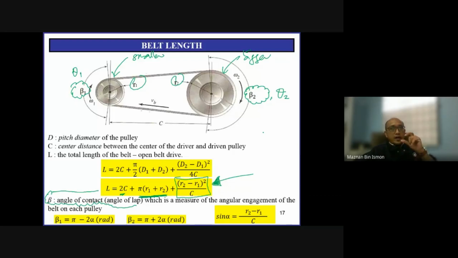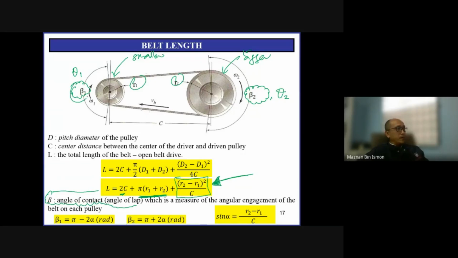As long as you understand where to apply those parameters, it should be okay. Okay, back to the belt length. For two different pulleys, you need to apply this formula.